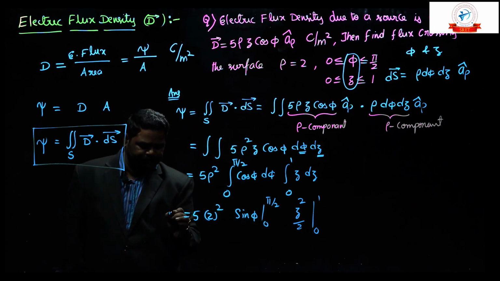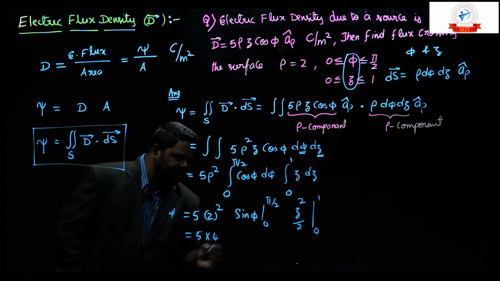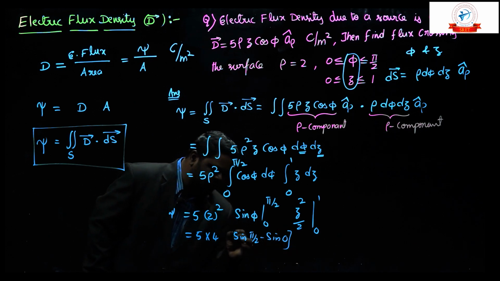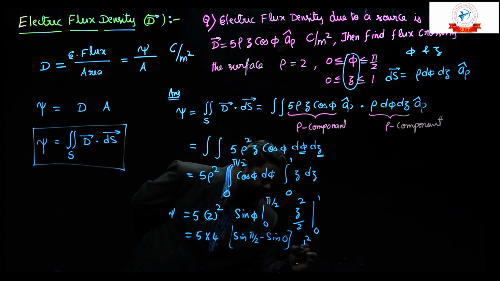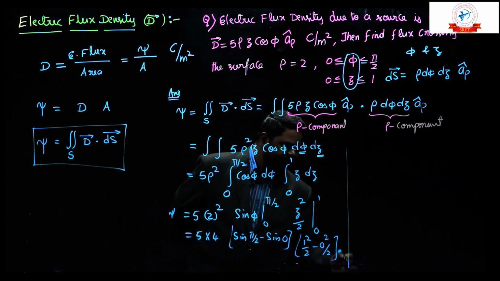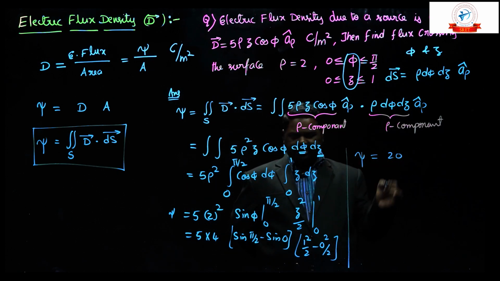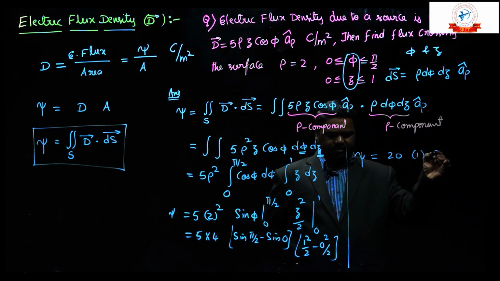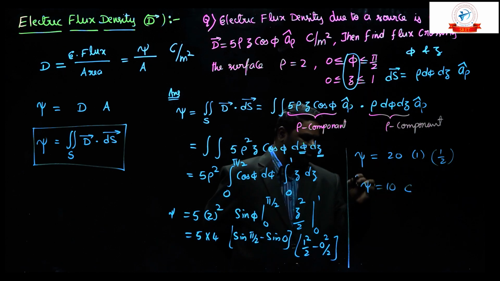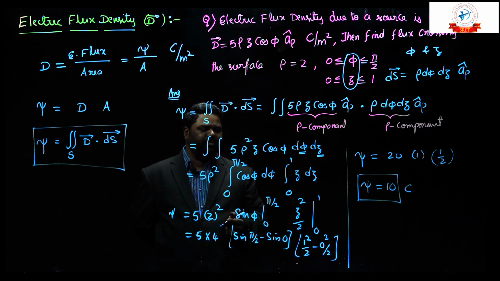Now evaluate psi: 5 into 4, sin pi by 2 minus sin 0, and 1 square by 2 minus 0 square by 2. Finally the flux crossing the rho equal to 2 surface is 20 into 1 into 1 by 2, that is psi equal to 10 coulombs.